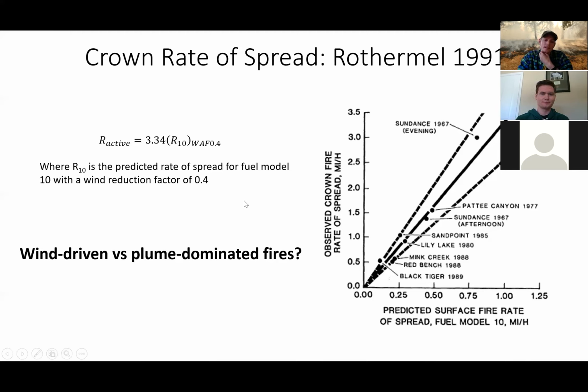That's a decent way to think about it, because essentially what's happening in plume-dominated fires is that either the ambient wind isn't as strong, or the fire itself just has so much energy that it's really dominating the atmospheric conditions, and so that really strong convection plume coming off of the crown fire starts to develop its own weather system.